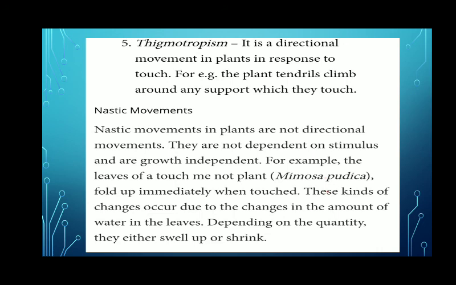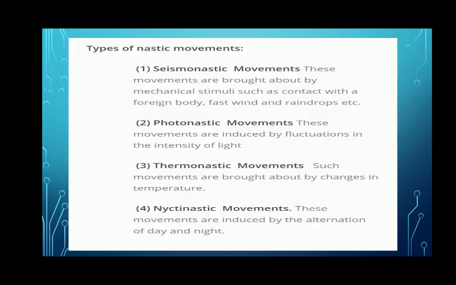The difference between tropic movement and nastic movement: tropic movement is directional movement of plant part, and nastic movement is non-directional movement of plant part with respect to the stimulus. Nastic movements are further of different types. First is seismonastic. What are seismonastic movements? These movements are brought by mechanical stimuli such as contact with foreign body, fast wind and raindrops.